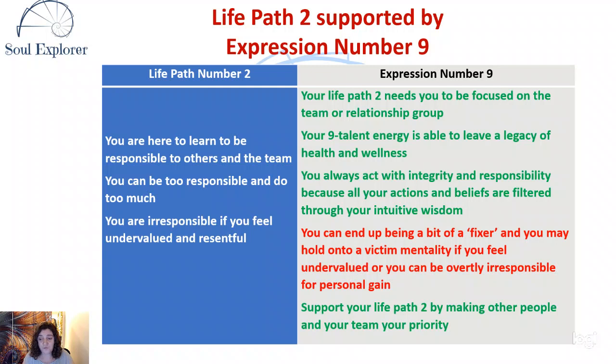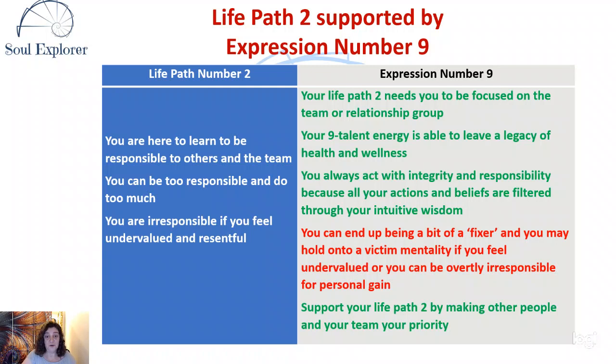Support your life path 2 by making other people in your team your priority, but also, and I'm probably going to mention this again throughout this video, boundaries are so important. The heading of this video should be boundaries. Don't overstep other people's boundaries and do too much, and do not allow other people to overstep yours, because this is vital, even more vital for your life path.